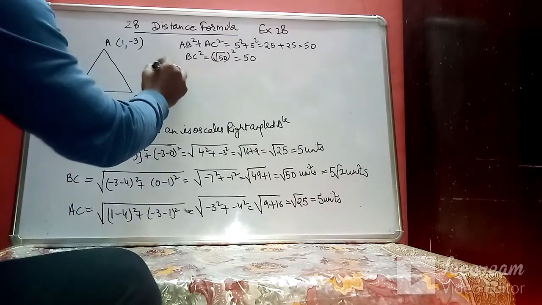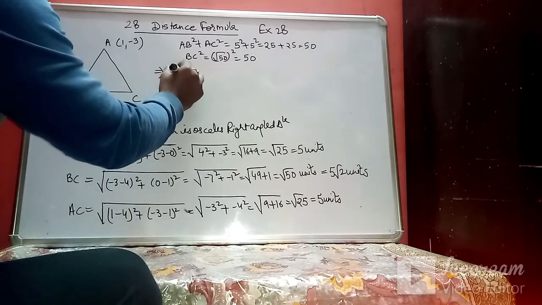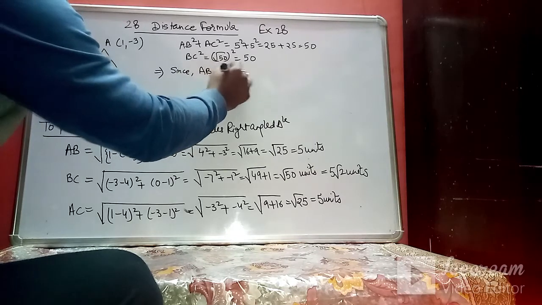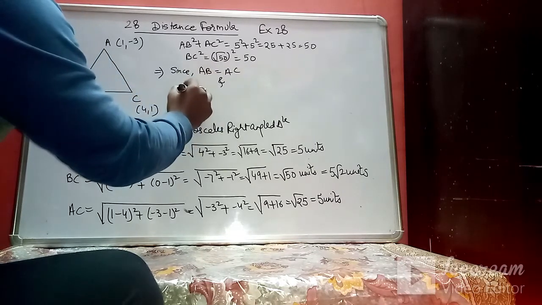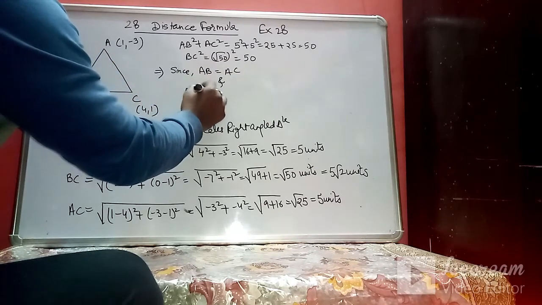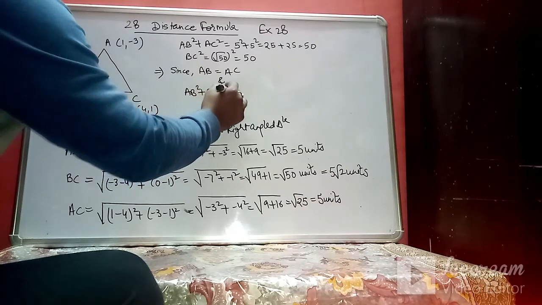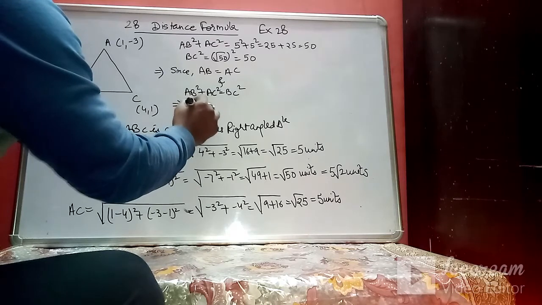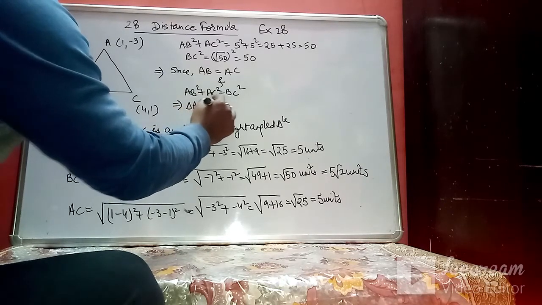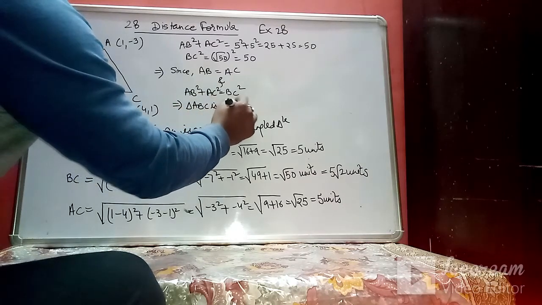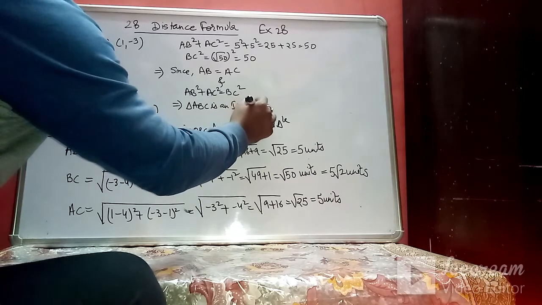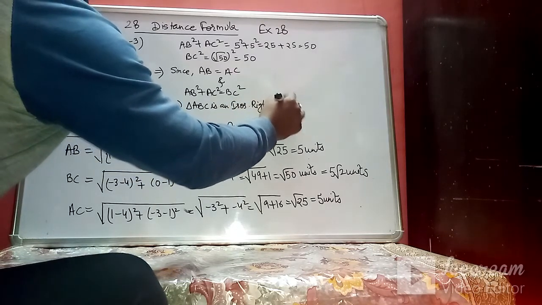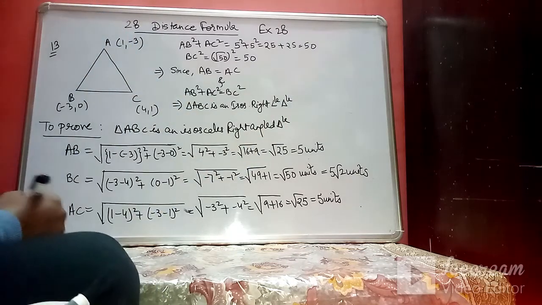So we can say that since AB equal to AC and AB square plus AC square equal to BC square, that means triangle ABC is an isosceles right angled triangle. Okay.